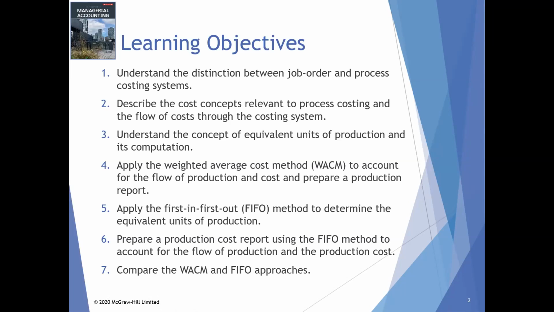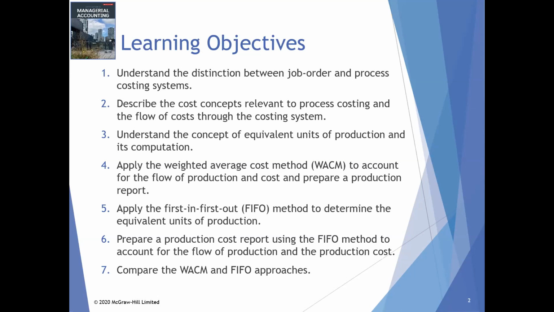The learning objectives of this lesson are to understand the distinction between the job order and process costing systems. Describe the cost concepts relevant to process costing and the flow of cost through the costing system, and understand the concept of equivalent units of production and its computation.